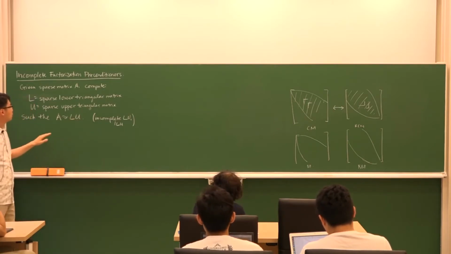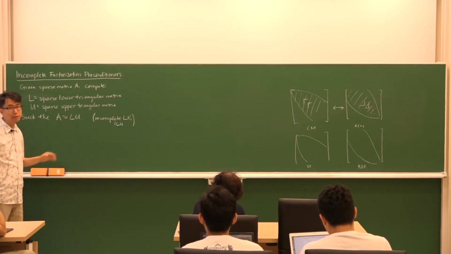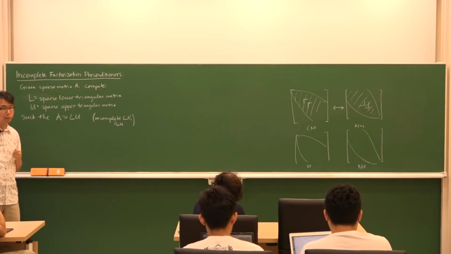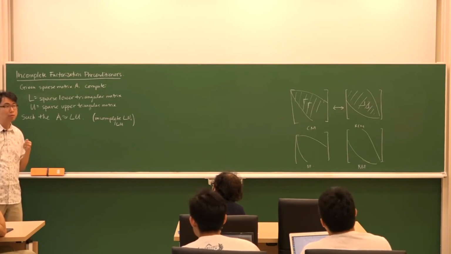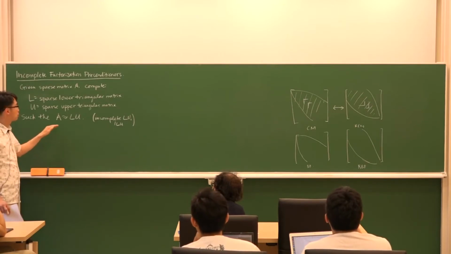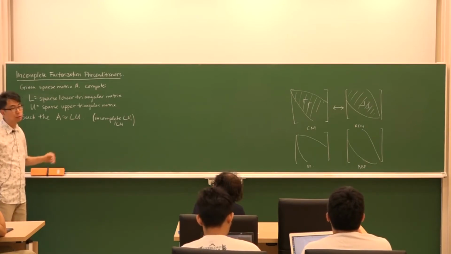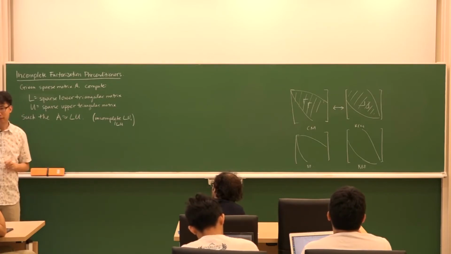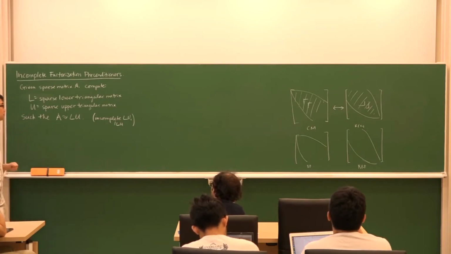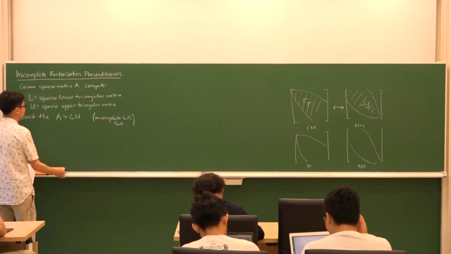But since the factorization is not exact, we have to somehow correct it. And one way of correcting the factorization is through using an iterative method, or viewed another way, we use this approximate factorization to accelerate the iterative method. So let's write that down briefly.